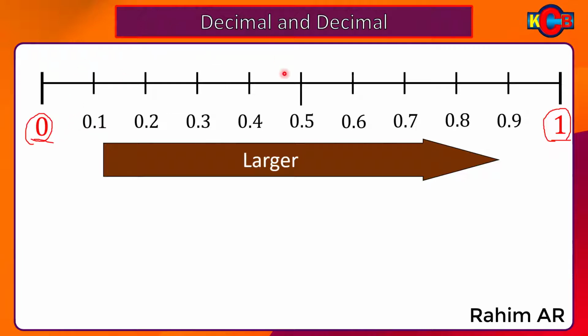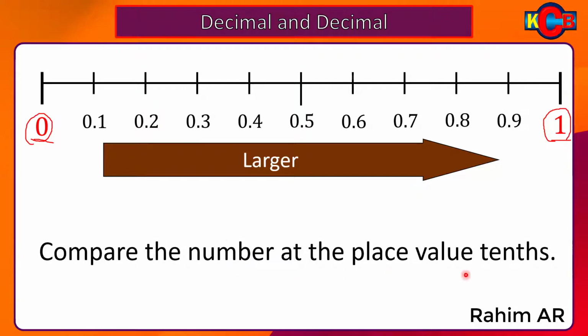Whenever we go right in a number line, the value of the number becomes larger. Therefore, if we want to compare the value between two decimal numbers, we can compare the number at the place value tenths.